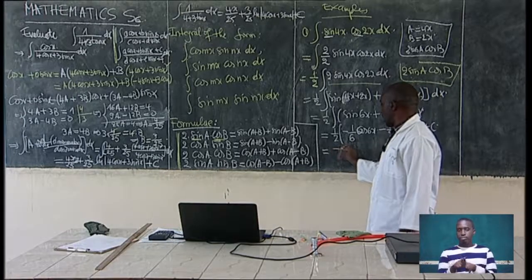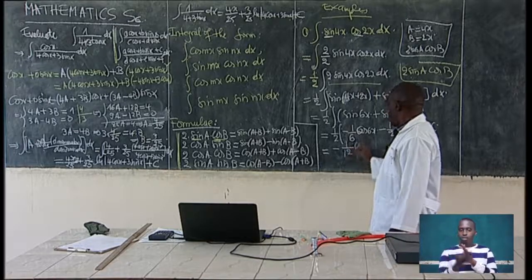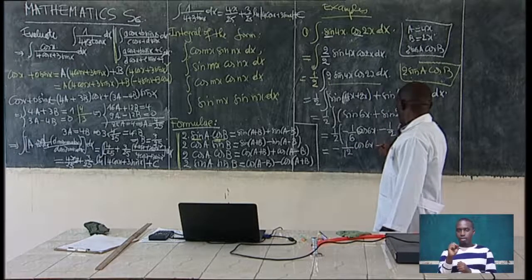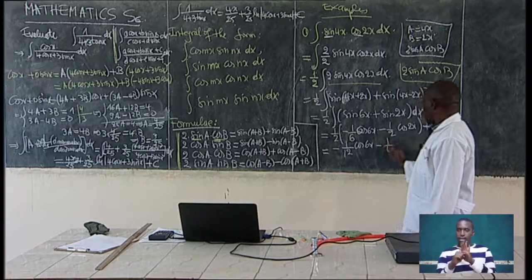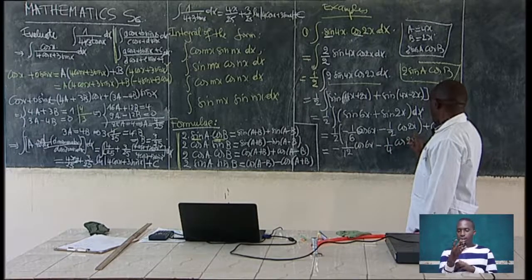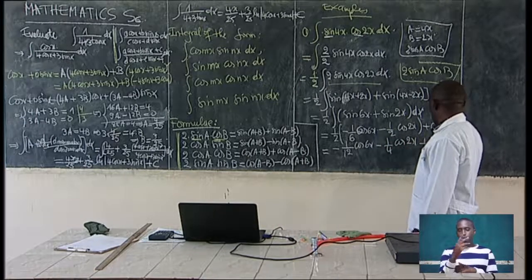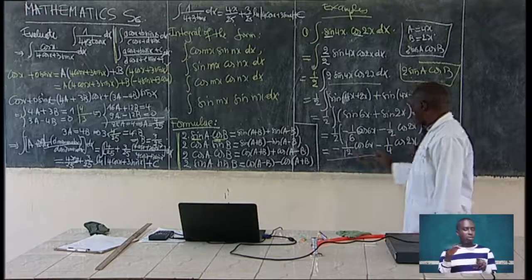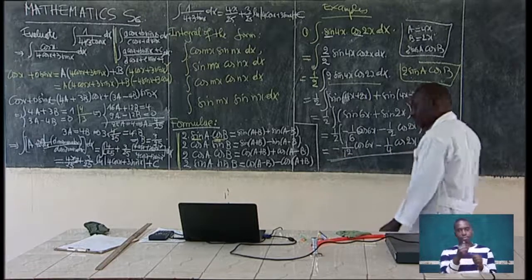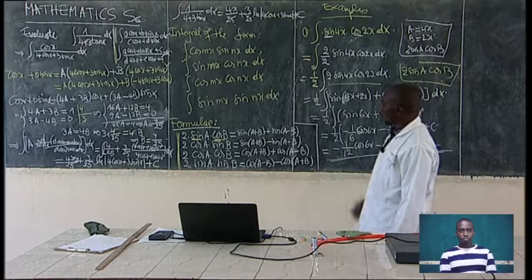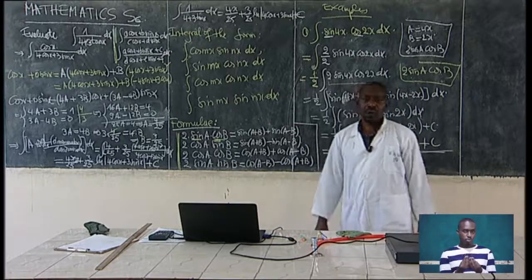Expanding this gives negative 1 over 12 cosine of 6x minus a quarter cosine of 2x, plus c. And we are done with that example. That's the use of these formulas you have.